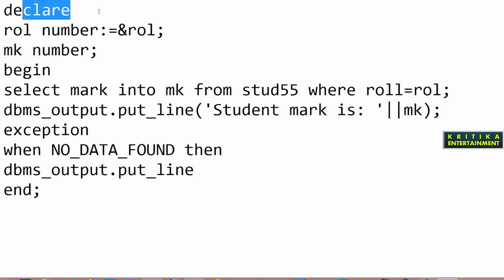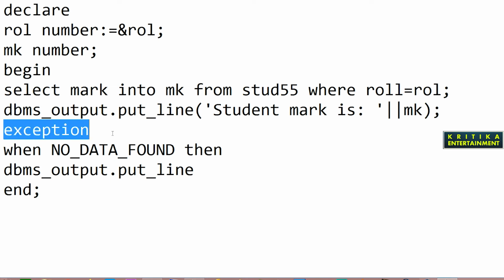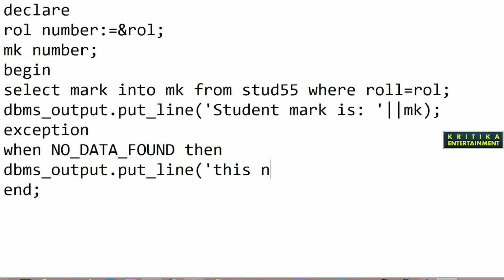You can write begin and end directly, but here I am going to use exceptions. The exception part is written before the end, and in it we write the exception code. When no data found, dbms_output.put_line, this roll number does not exist, this roll not present in table.